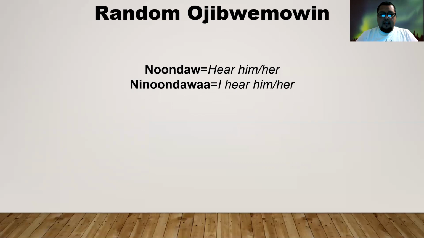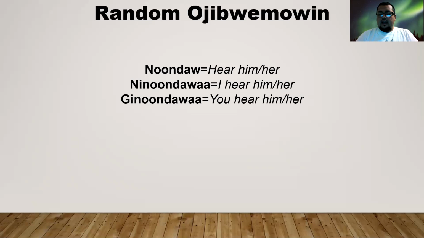Notice we have the ni in the front, meaning I, talking about me. Nindoon dawa. You hear him or her. So in this part 1, we're going to go over some of the things that I hear in first person. Nindoon dawa. I hear him or her.